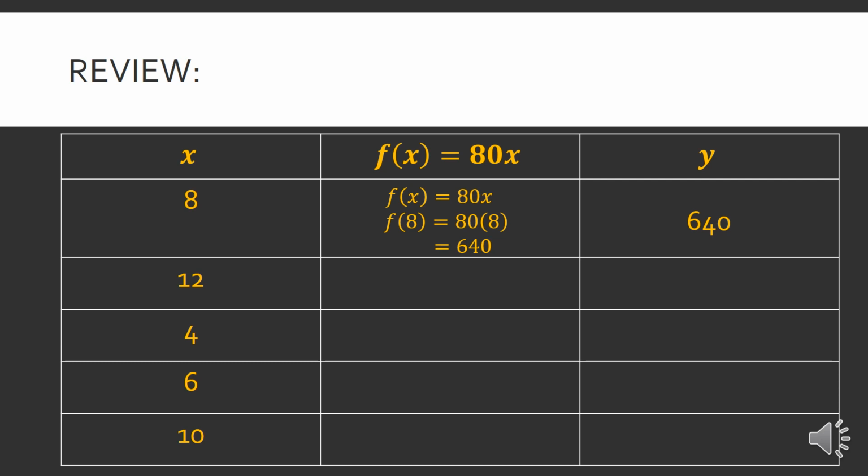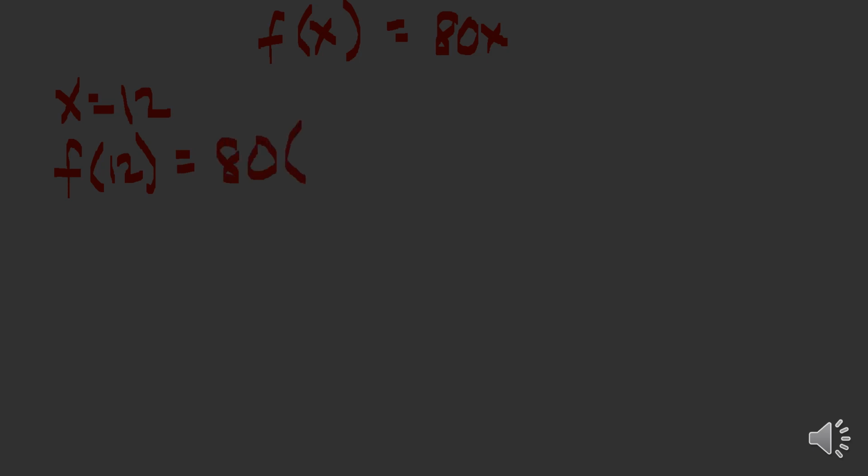For the second one, if the worker works for 12 hours, how much will be his earnings? So the function states that f of x is equal to 80x. If x is equal to 12, f of 12 is equal to 80 times 12.